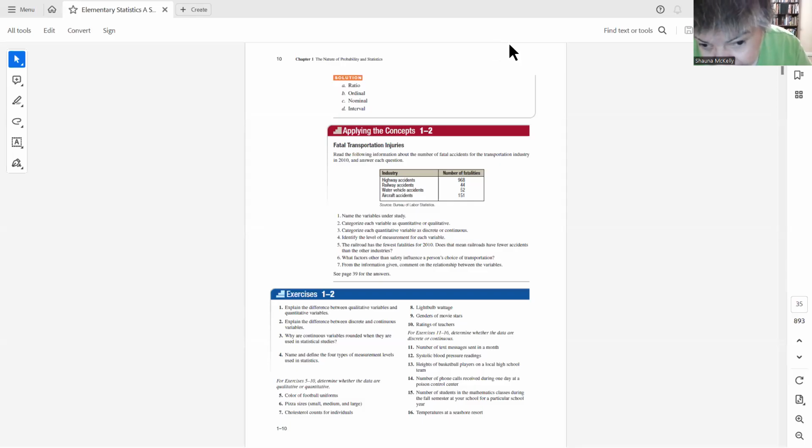A couple of other issues that come up for people are the issue in exercises 1.2, where we talk about the scales of measurement. Continuous and discrete are usually not too troublesome, but the scales of measurement can be. So I wanted to go over that for a minute.